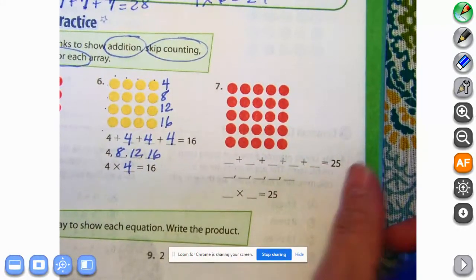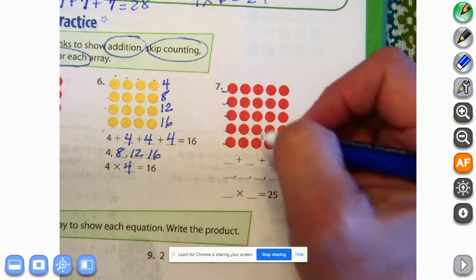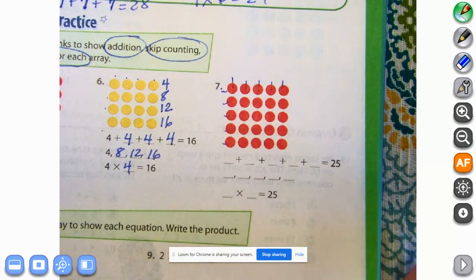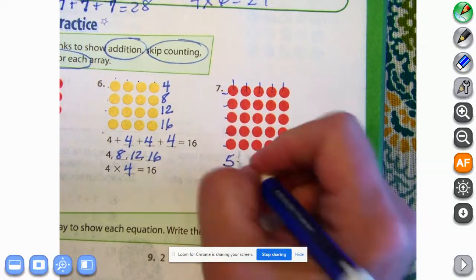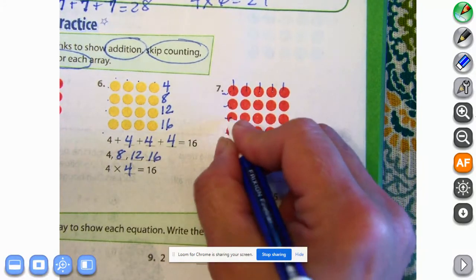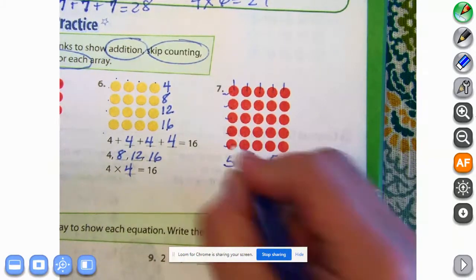Number 7. 5 rows, and there's 5 in each row. So we have 5 for row 1, 5 for row 2, 5 for row 3, 5 for row 4, and 5 for row 5.